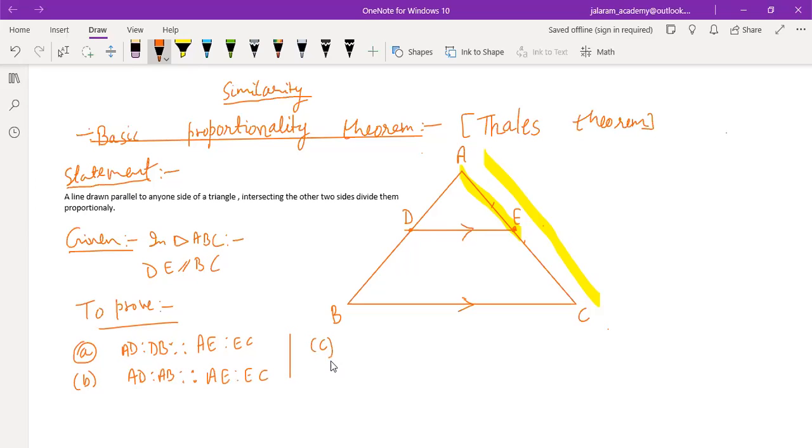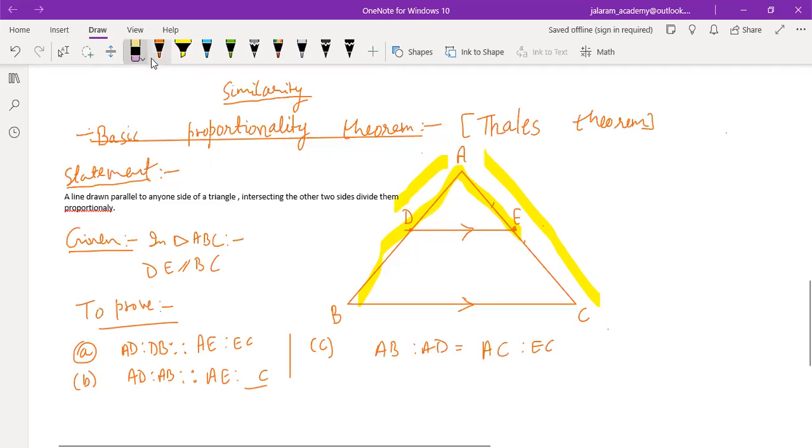And one more type is there. How to write it? If we write AB, this full side, is to AD, then this is also equal to AC is to AE.